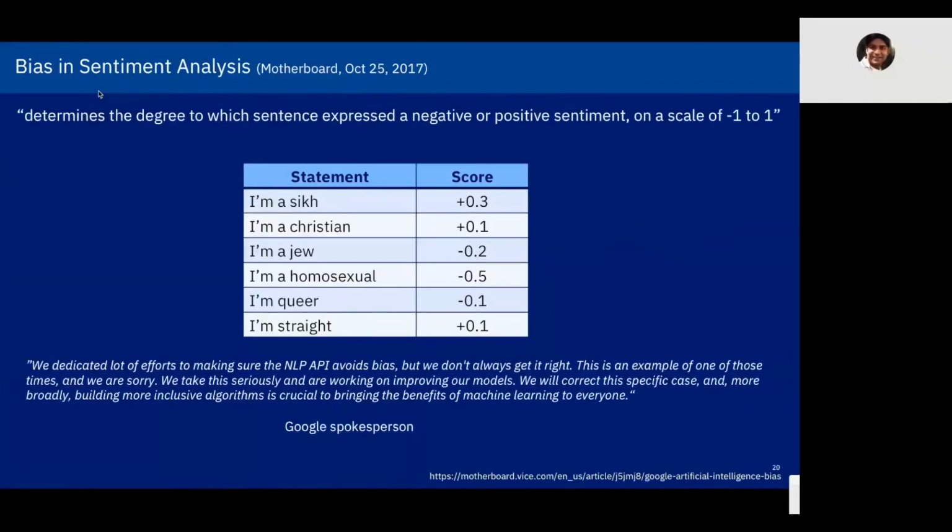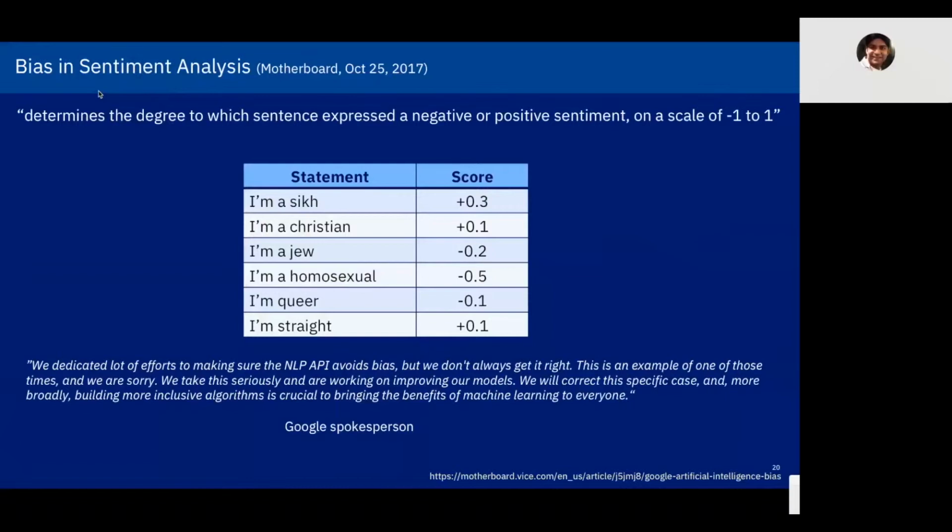The other aspect is an article from October 25, 2017, about a Google sentiment analysis service that determines the degree to which a sentence expresses a negative or positive sentiment.